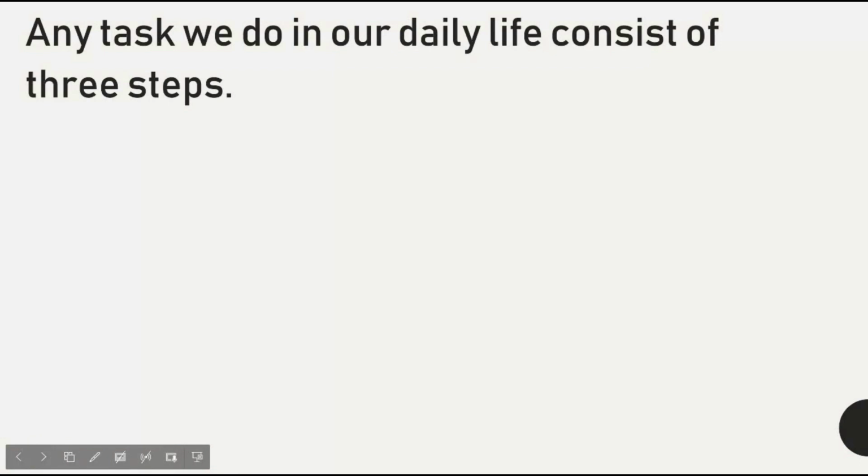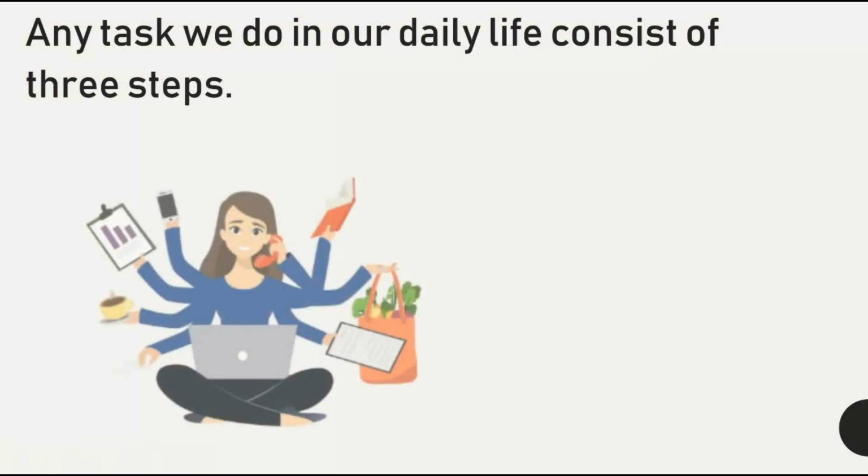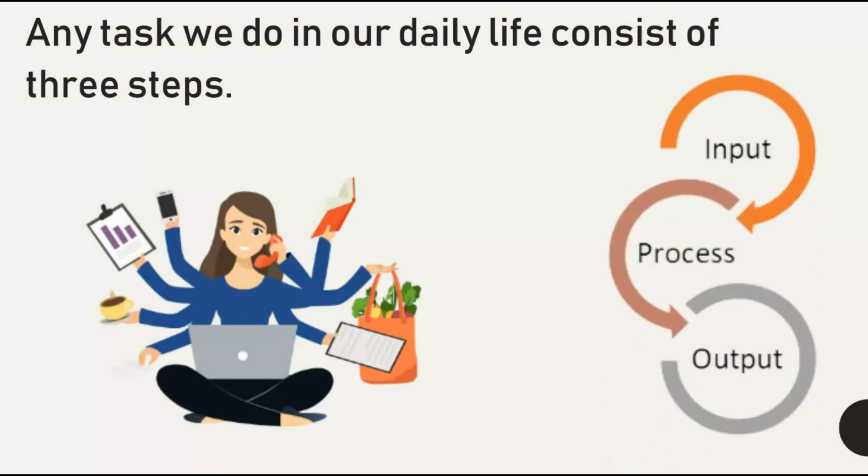Any task we do in our daily life, maybe homework, maybe grocery, maybe the computer itself, consists of 3 steps: input, processing, and output. For example, molding clay. The clay is our input.